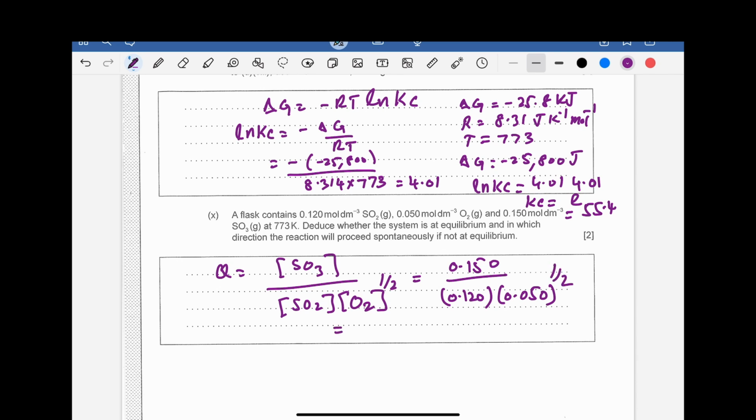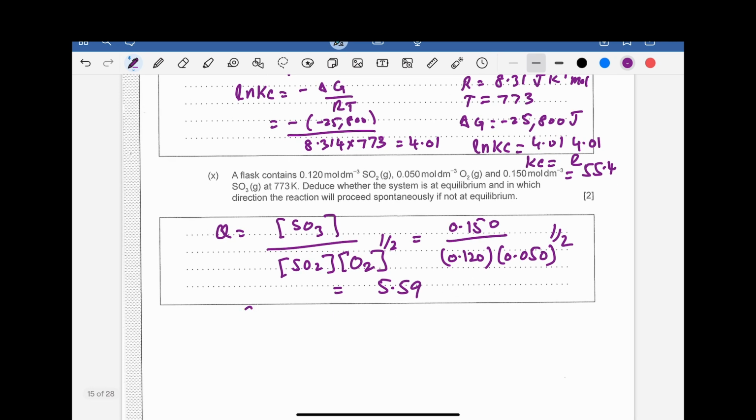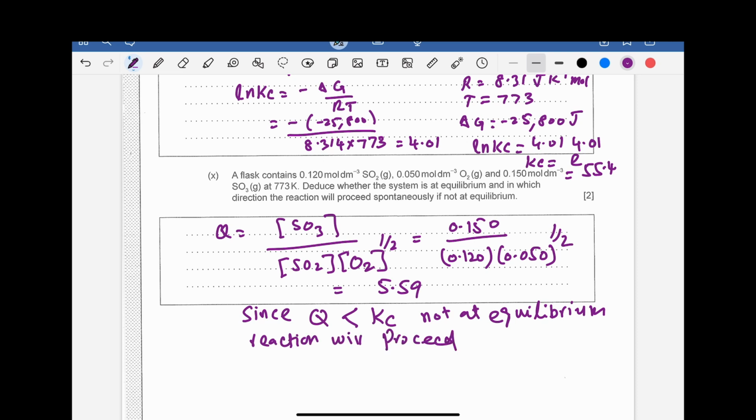If we solve this, we will get 5.59. Since Q is smaller than Kc, the reaction is not at equilibrium, and the reaction will proceed to the right to reach equilibrium.